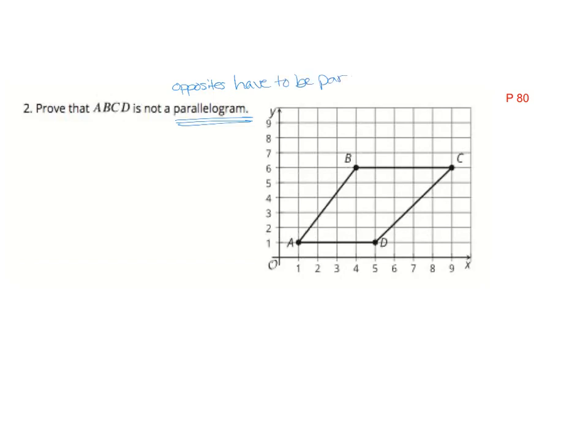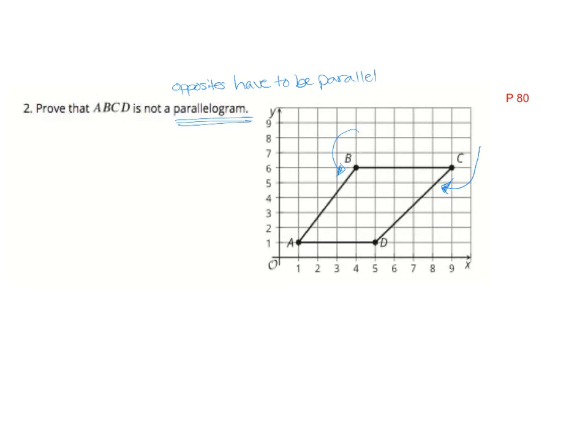And in this lesson, we learned that parallel lines have to have the same slope. But I can look at AB and I can look at CD and they don't really look parallel to me. They don't look like they are the same slope on the graph.